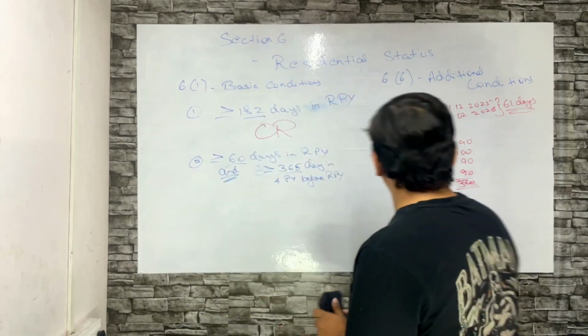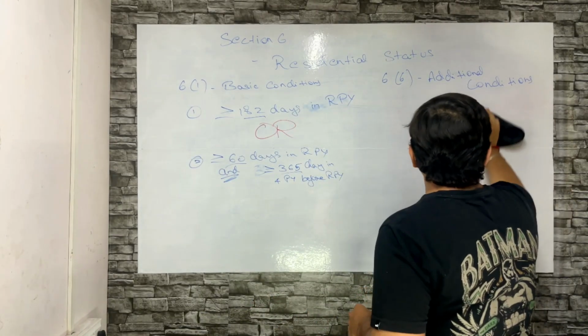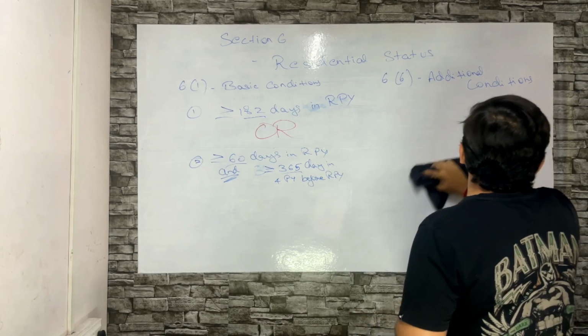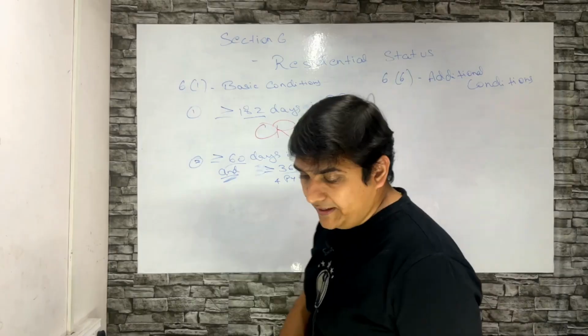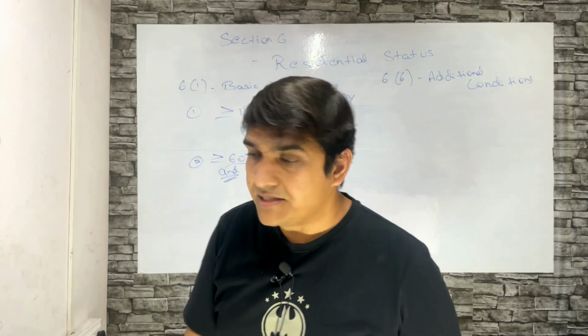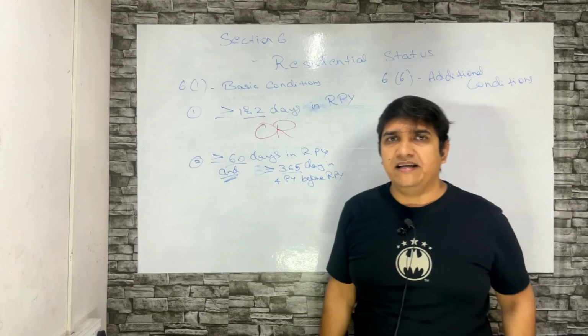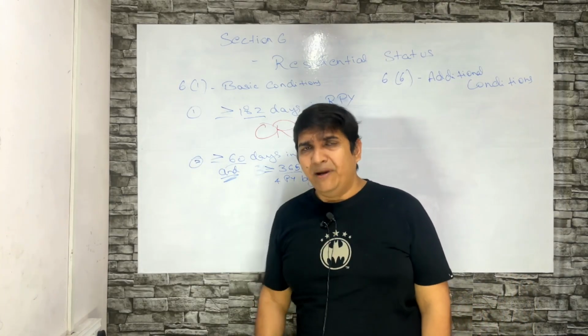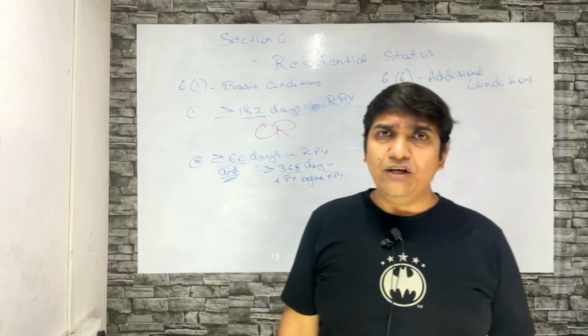But if I satisfy any one of the basic conditions, that is 182 days or more, or 60 days and 365 days, am I a resident? Well, technically no. Why not?